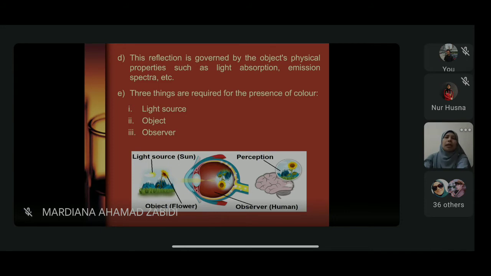Another example, if you notice, in Japan they mold certain fruits. For example, what is it? Watermelon. They mold the watermelon. Instead of the watermelon having a round shape, they mold it to become a rectangular shape.